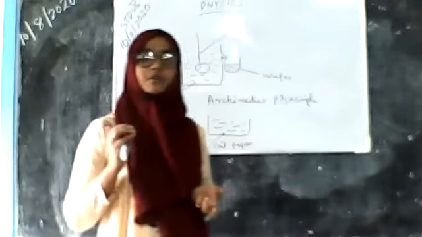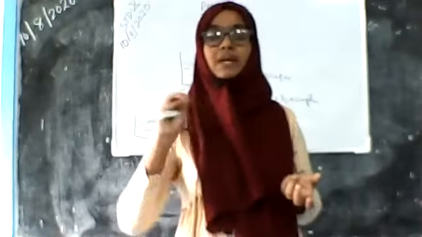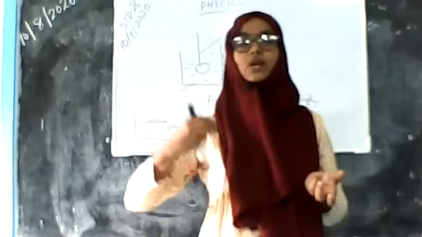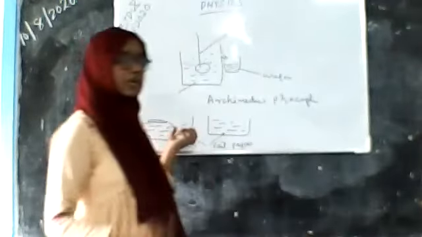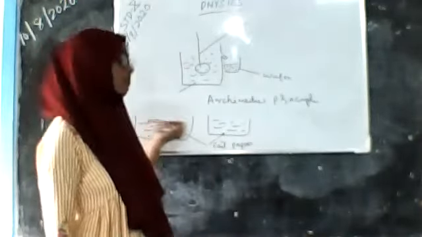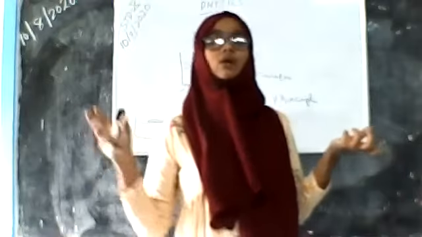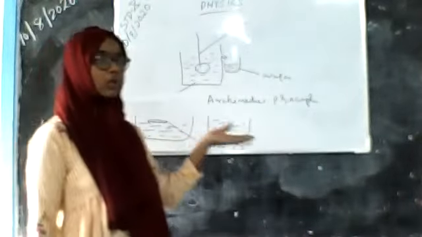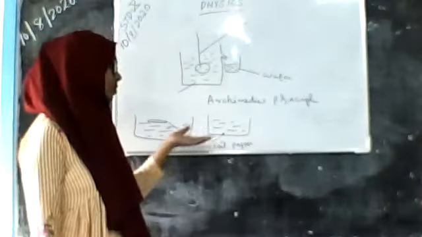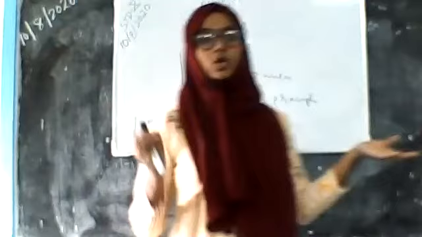the amount of that substance immersed, the amount of water or fluid that is displaced from a beaker containing fluid, that displaced fluid is equal to the buoyancy force acting on it.